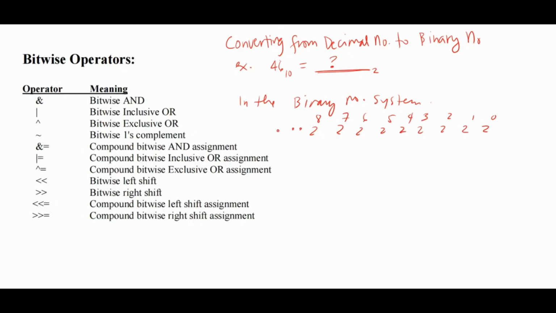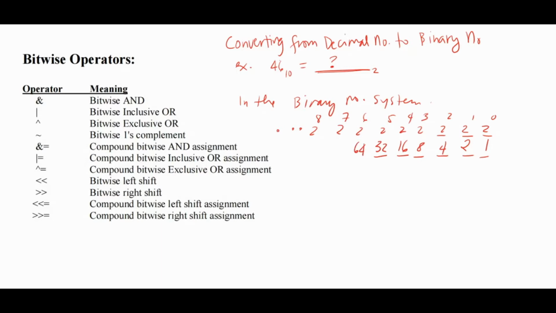Given these binary bit positions, each bit position has a decimal integer value. So 2 to the 0 is 1, right? Anything raised to 0 is 1. 2 to the 1 is 2. 2 to the 2 is 4. 2 to the 3 is 8. 2 to the 4 is 16. 2 to the 5 is 32. 2 to the 6 is 64.